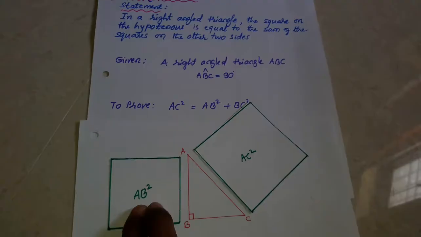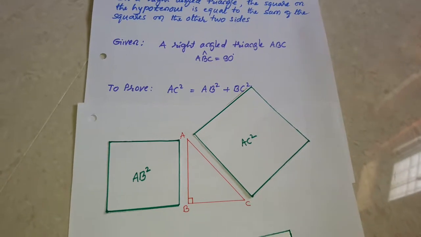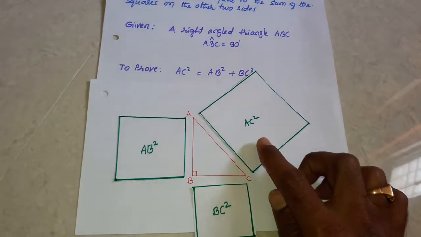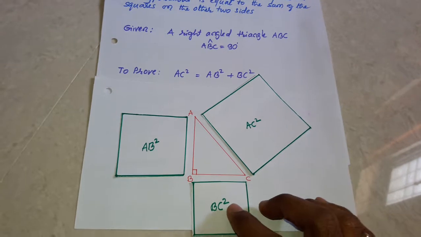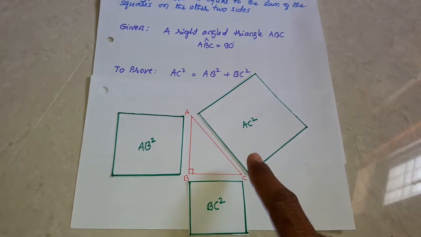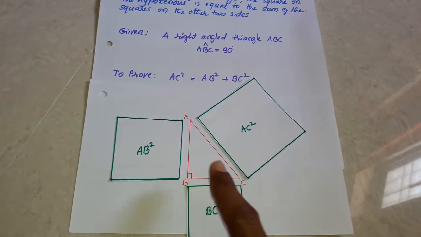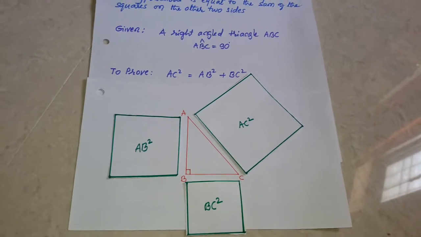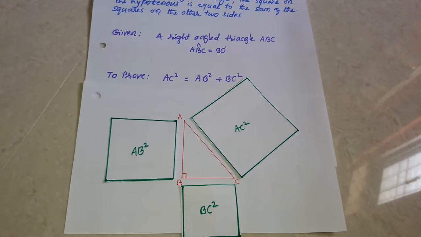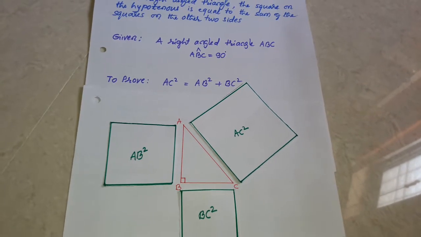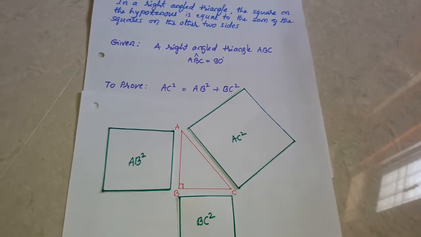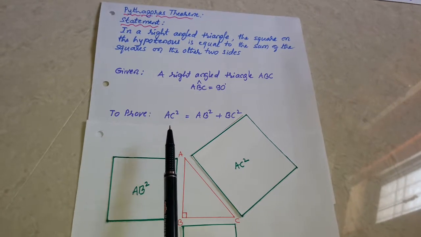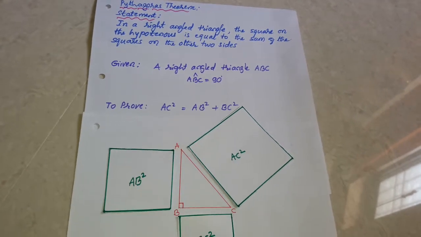It is AB square plus BC square, meaning areas of the squares to be added to equal the area of the square that is drawn on the hypotenuse. So AB square plus BC square will equal the area of the square drawn on the hypotenuse, AC square. This is the required proof of the theorem. AC square is equal to AB square plus BC square.